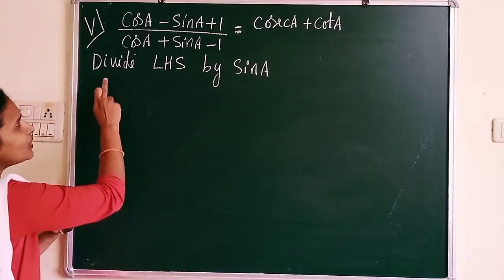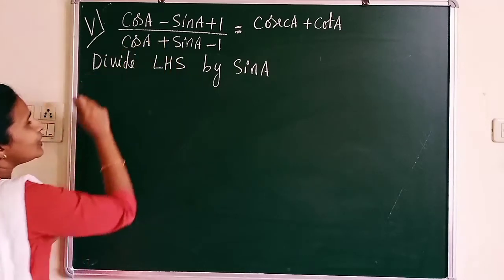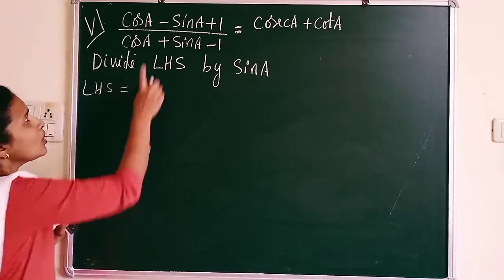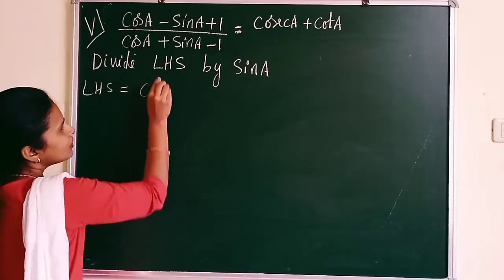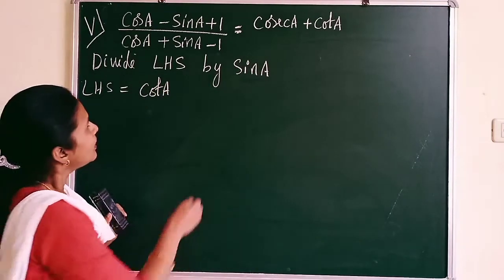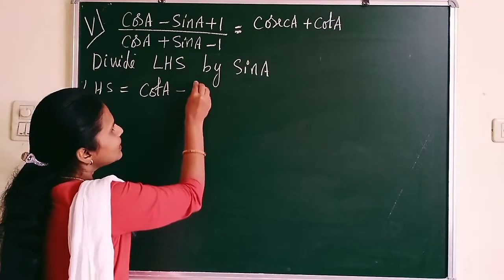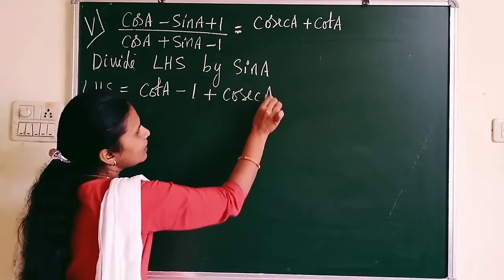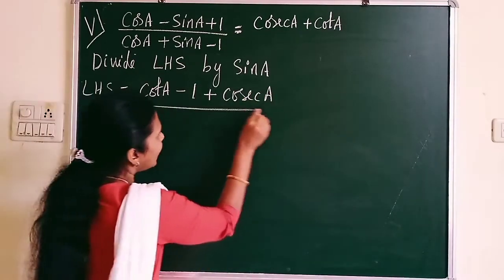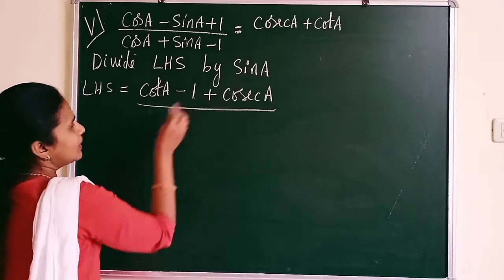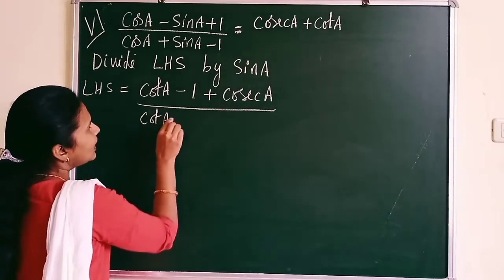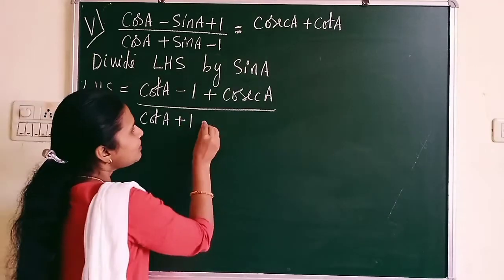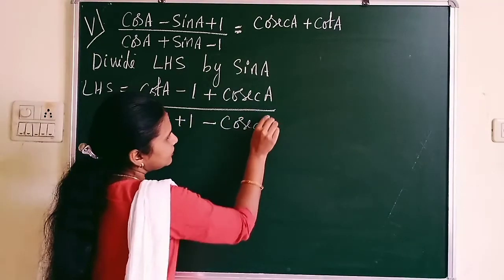Now divide LHS by sin a. Observe the LHS and write it after dividing. Cos by sin becomes cot a. Next, minus sin by sin is 1. Plus 1 by sin is cosec a. Whole divided by, again, cos by sin, which is cot a, plus sin by sin is 1, and minus 1 by sin is cosec a.